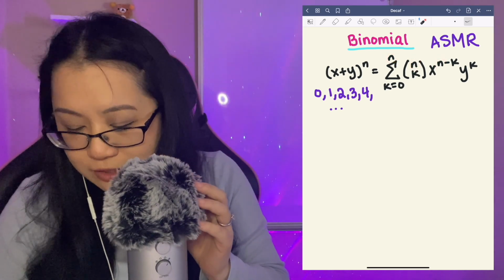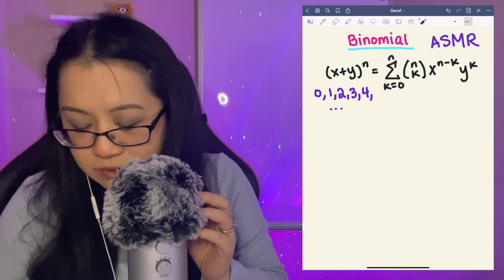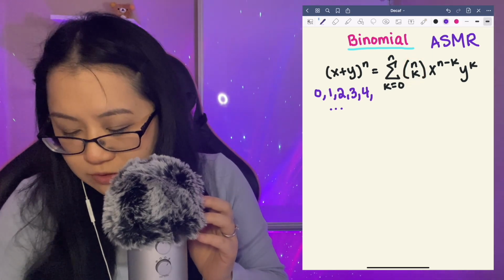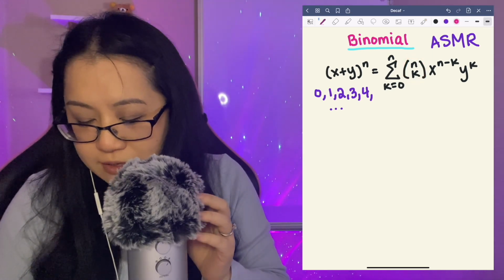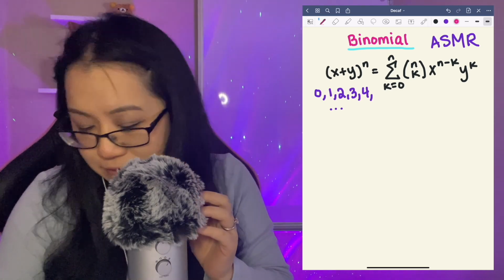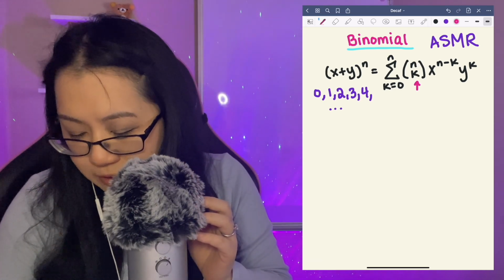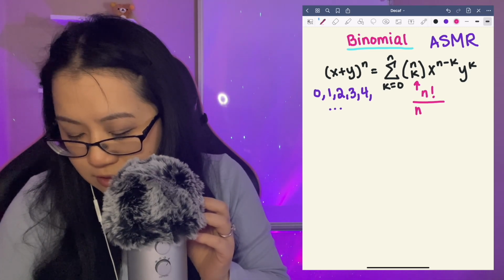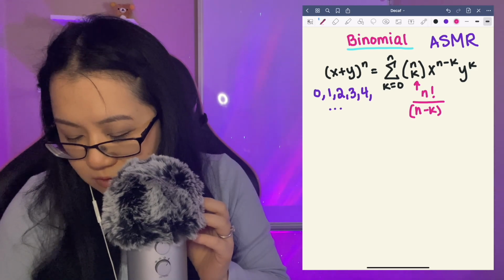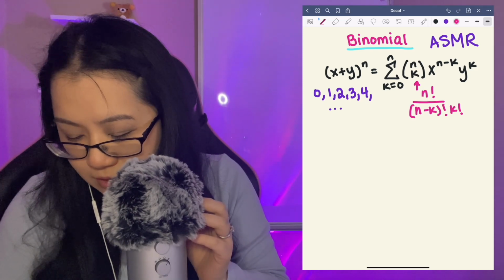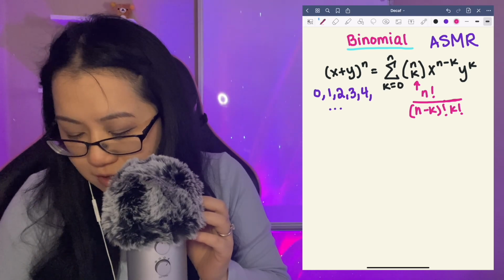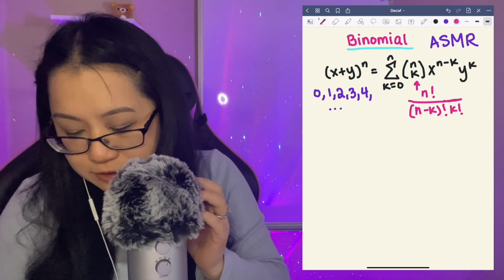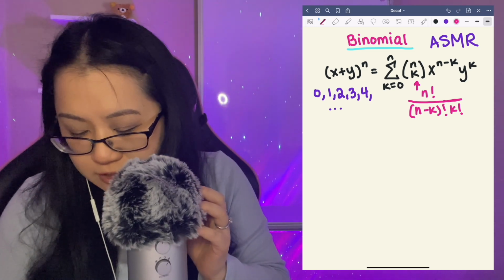Okay. So I start with k equals 0, and this is the n choose k formula. So this is from our Pascal's triangle video where I defined this, and we can work with factorials more too down the line, but this is n factorial divided by k factorial times n minus k factorial, and if you've done some combinatorics or some probability, this might be familiar to you, but otherwise you can just plug into this.